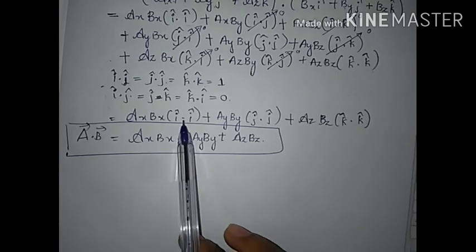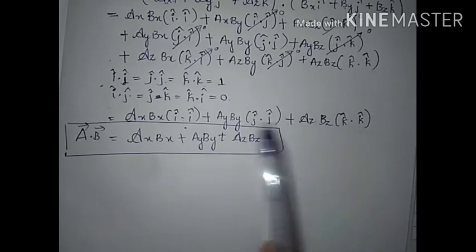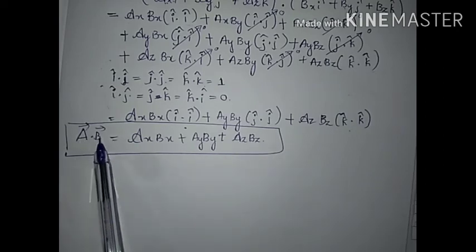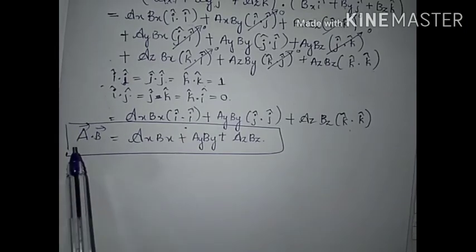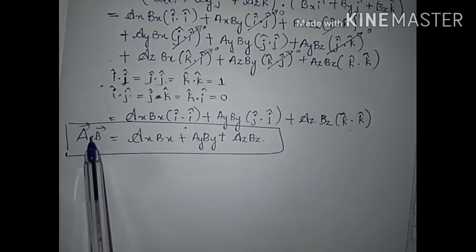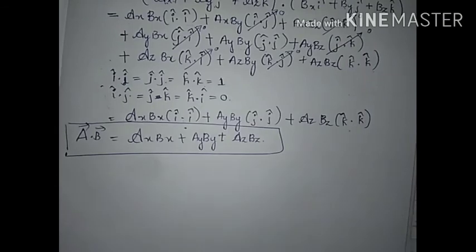This is 1, this is again 1, this is again 1. So from this equation we get Ax Bx plus Ay By plus Az Bz is equal to vector A, not multiplication, this is the dot product, vector A taken with the dot product of vector B. So A dot B is equal to Ax Bx plus Ay By plus Az Bz. This is the dot product of two vectors in terms of their components.